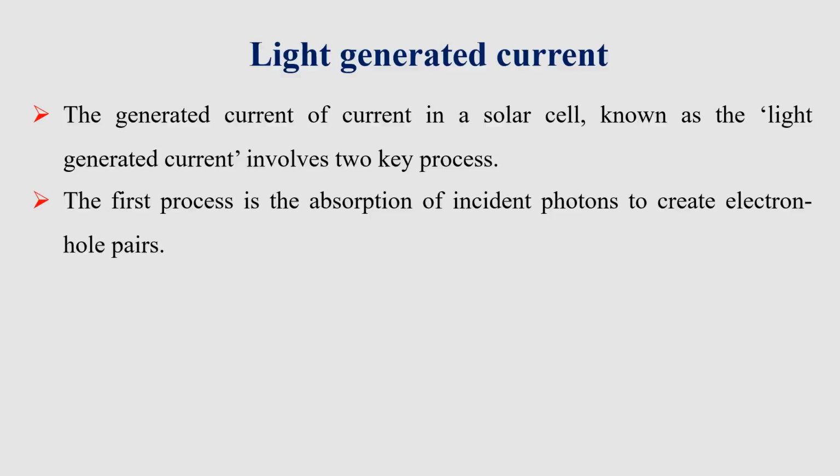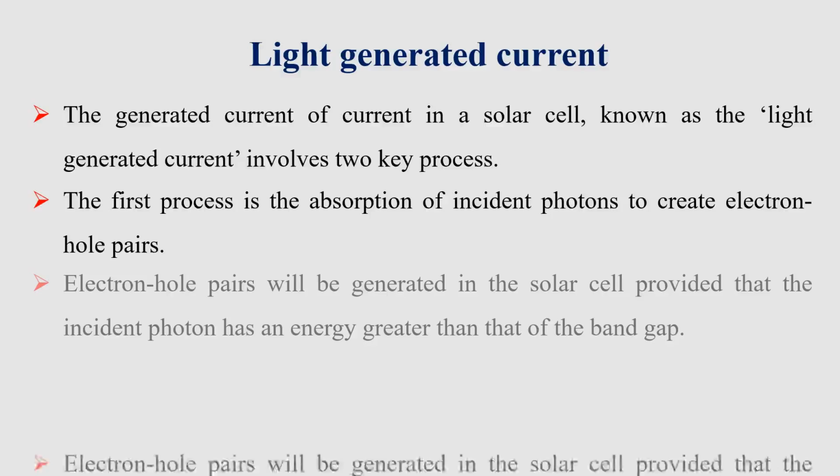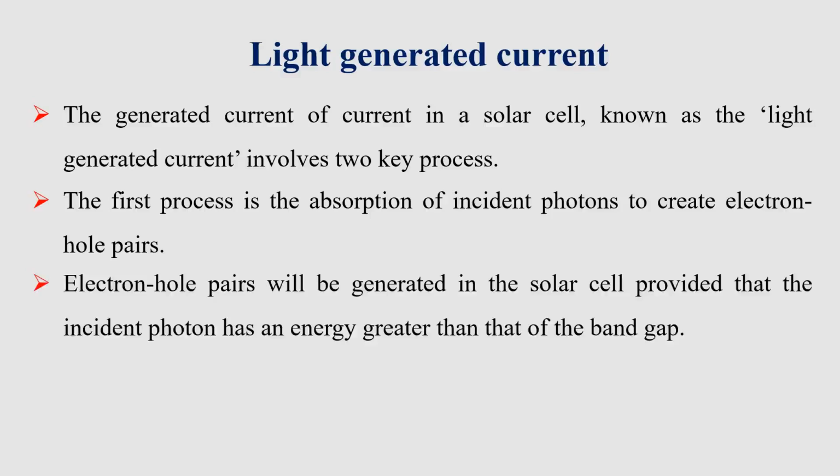The first process is absorption of incident photons to create electron hole pairs. This means the absorption of incident photons, meaning the incident light, creates electron hole pairs. Electron hole pairs will be generated in the solar cell provided that the incident photon has an energy greater than the band gap.